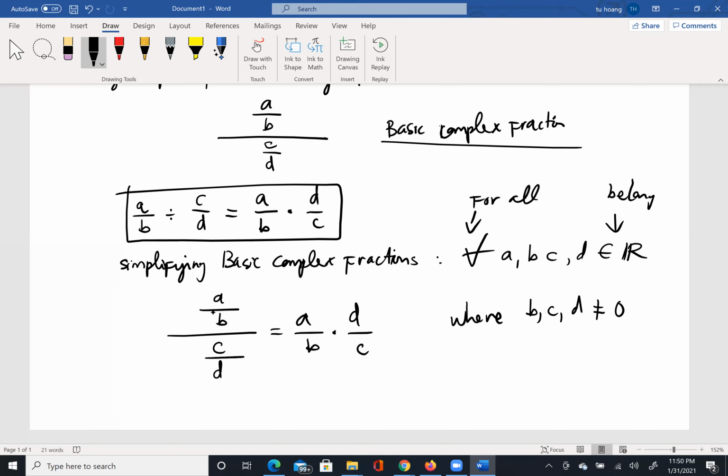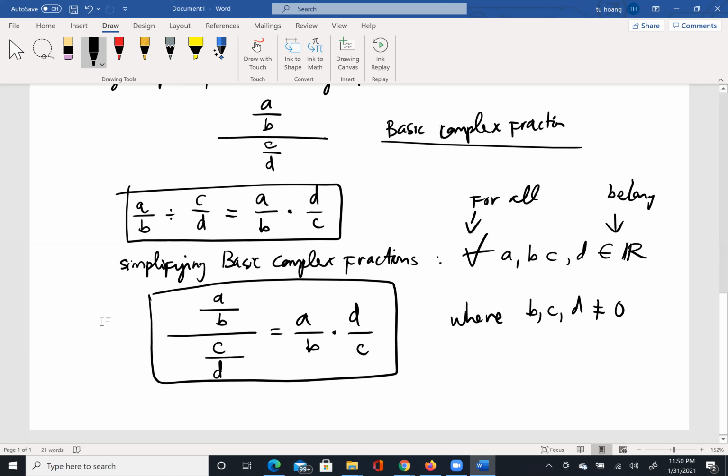If any of them equals 0, that's going to make it undefined. Okay, so let me move down.